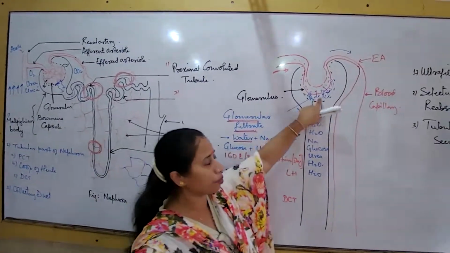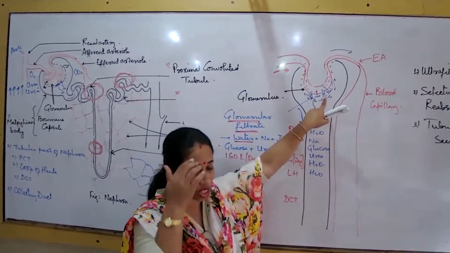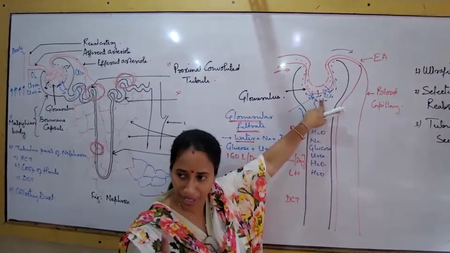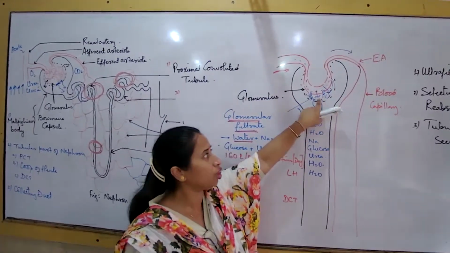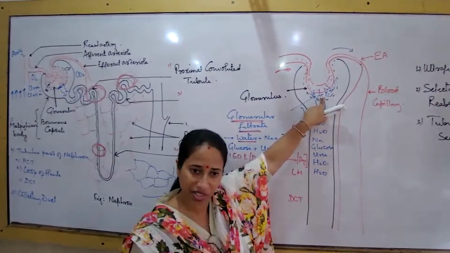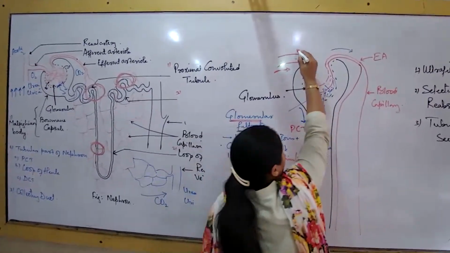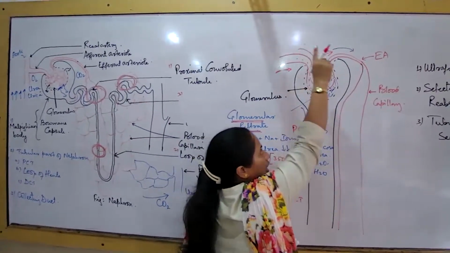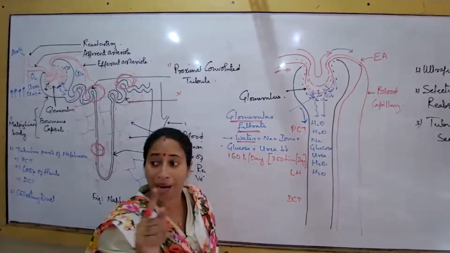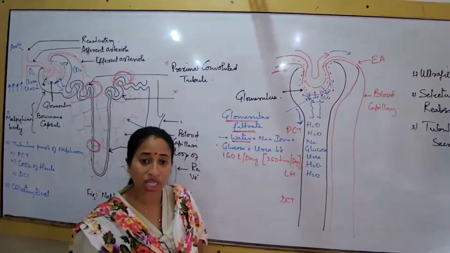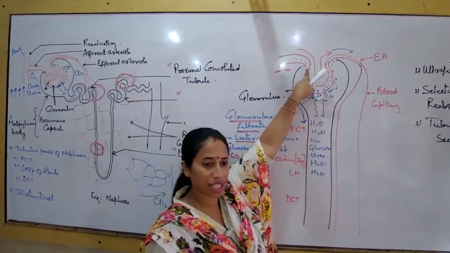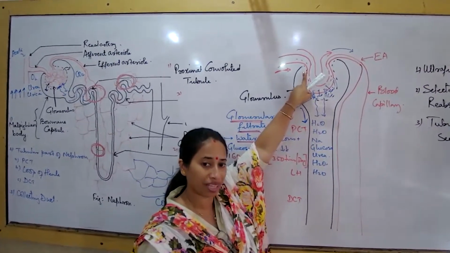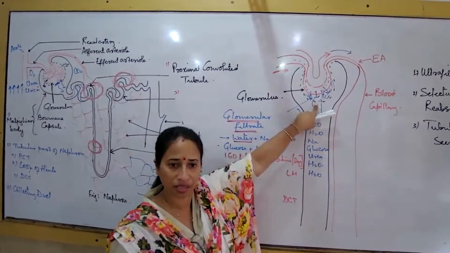Now, ultrafiltration gives rise to glomerular filtrate which contains a huge amount of water, salts, ions, etc. This means the blood coming from here and going to this side had more water and now has much less. The concentration of water, salts, ions, glucose, all had almost come down here.